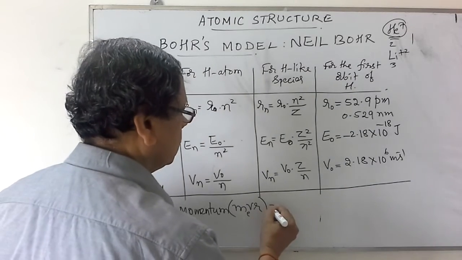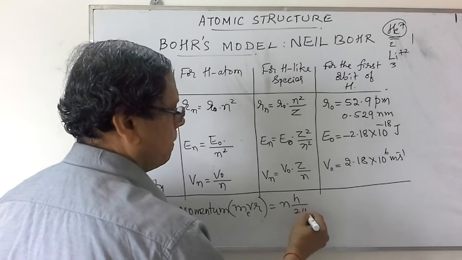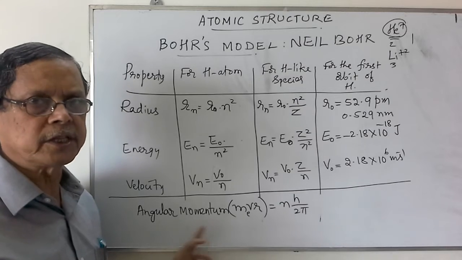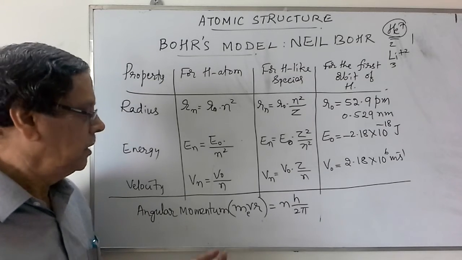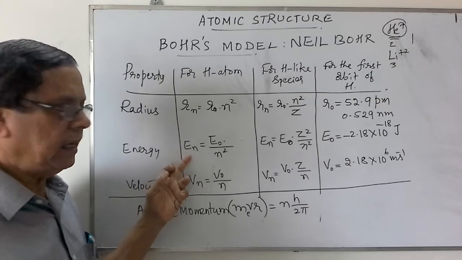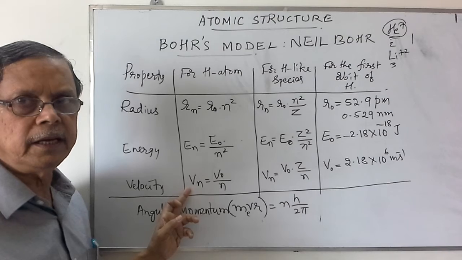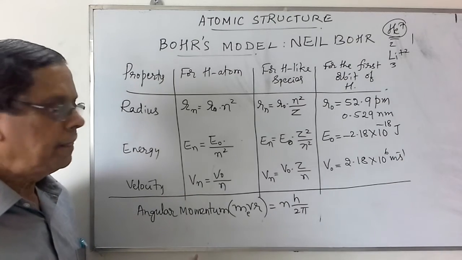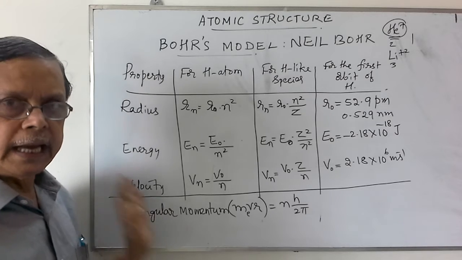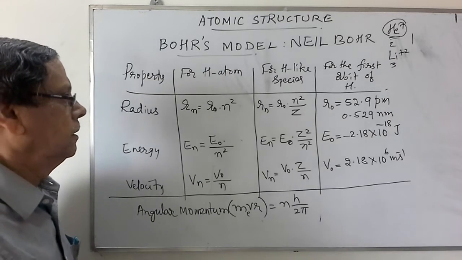This is equal to n into h over 2 pi. And by using the centripetal and centrifugal forces, which are balanced with one another, he could derive the expressions for the radius of the orbit, the energy of the electron in the various orbits, and the velocity of the electron in a particular orbit. So these are all about the properties of the electron, orbit, or the atom.